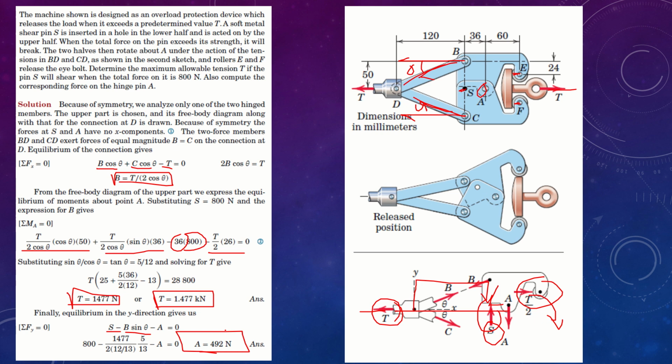As a result, a roller can only be a reaction, as you can see from points E and F. They are only reacting to the weight of the eye bolt and T. The same amount of T is transferred from BD and CD to the main cable T, and then when S breaks, let's say for that particular instant, when S is about to break, we are going to solve for that particular instant.